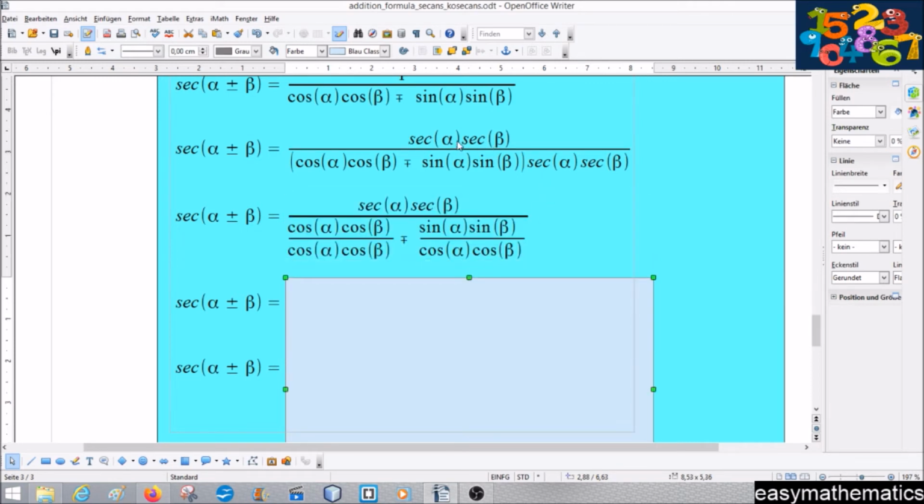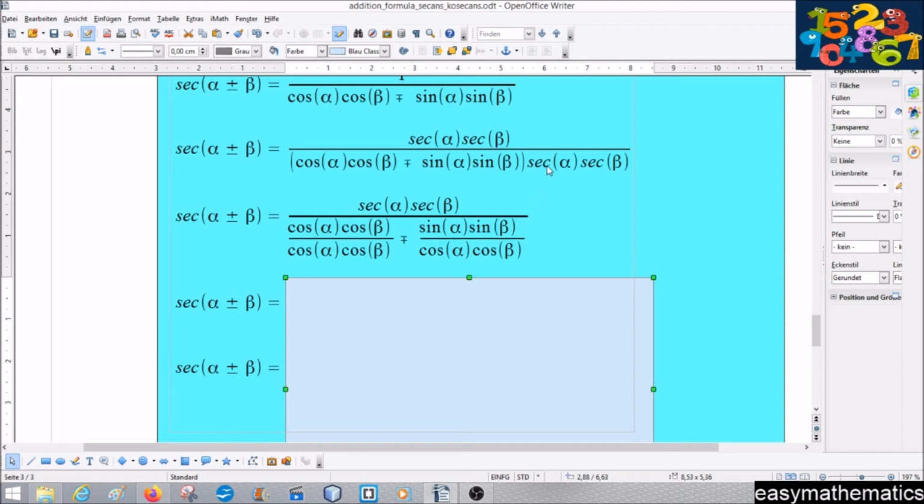The numerator, we leave it as it is, secant alpha times secant beta. And we remember secant is 1 over cosine, so we multiply secant alpha times secant beta through the braces. So we have cosine alpha cosine beta over cosine alpha cosine beta minus plus sine alpha sine beta over cosine alpha cosine beta.